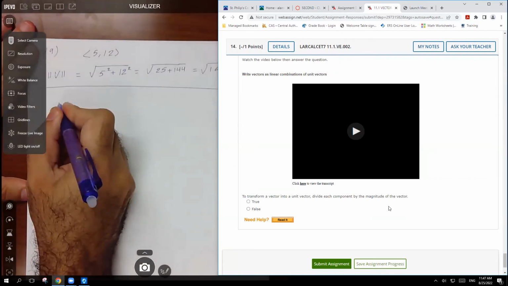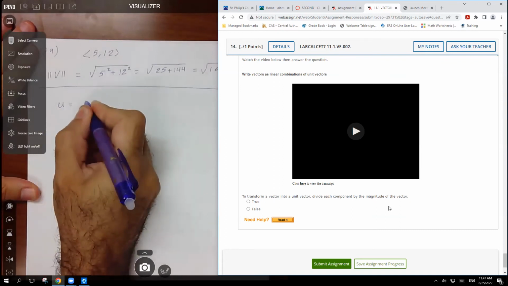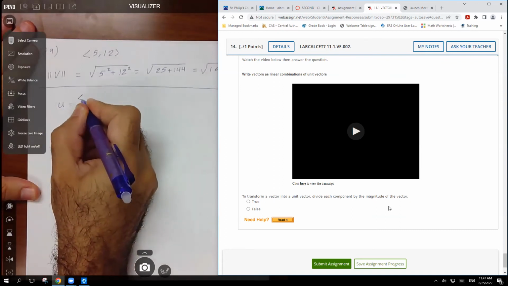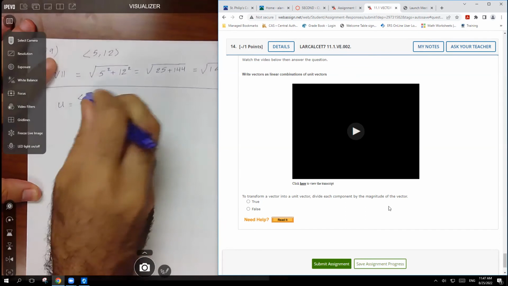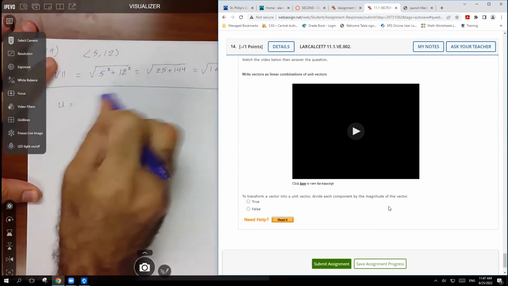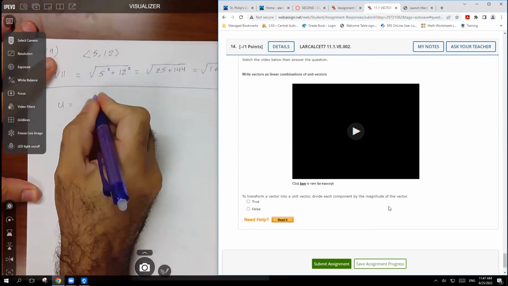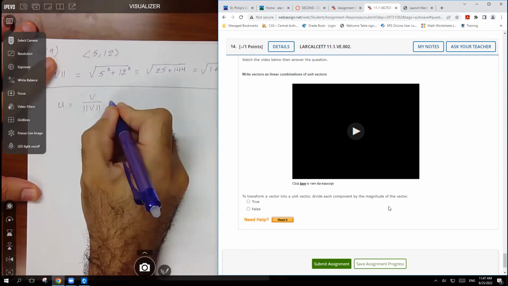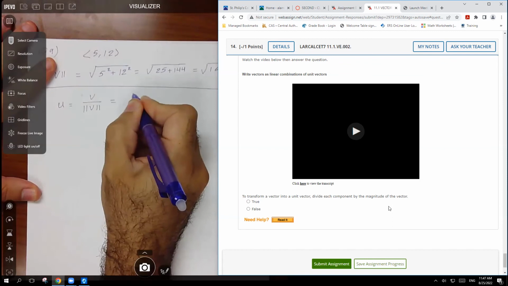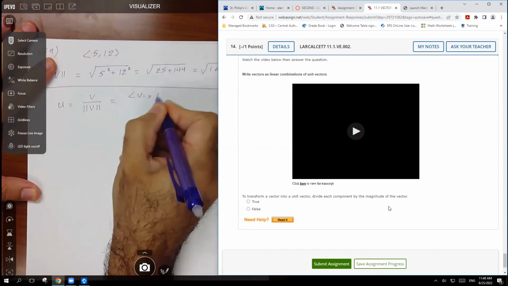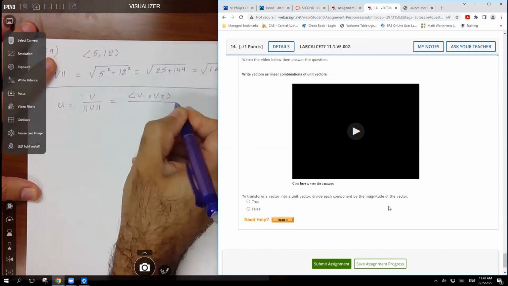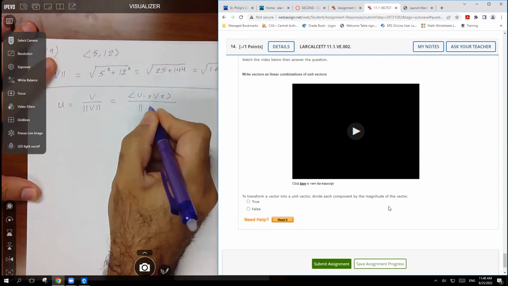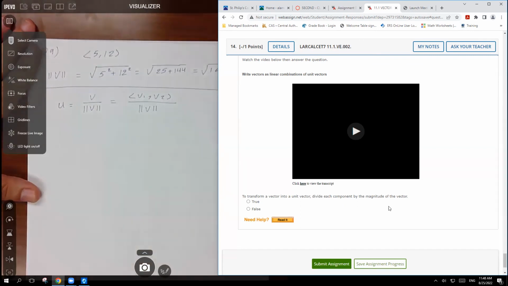To find u, we divide the vector v by the length. That means we divide v1, the component of the vector v, by the length. So the statement is true.